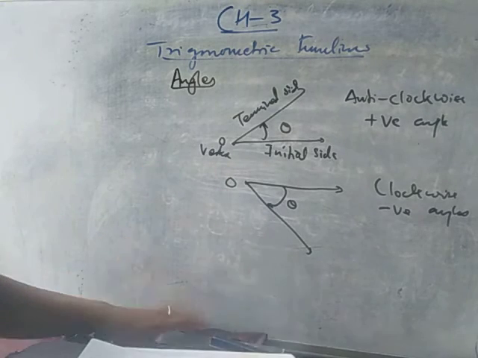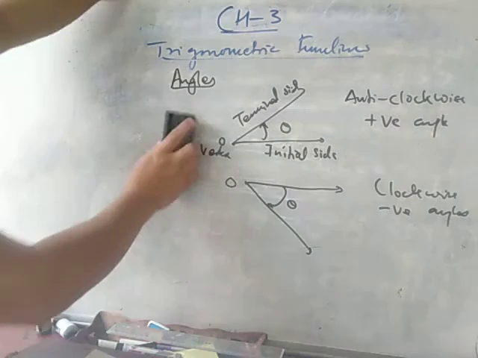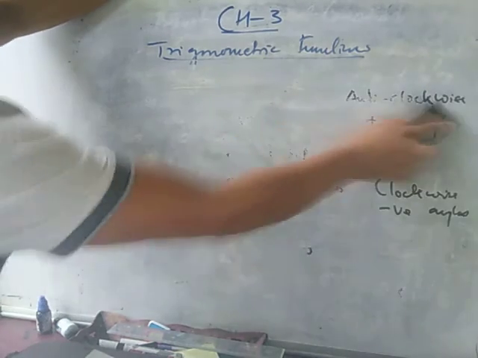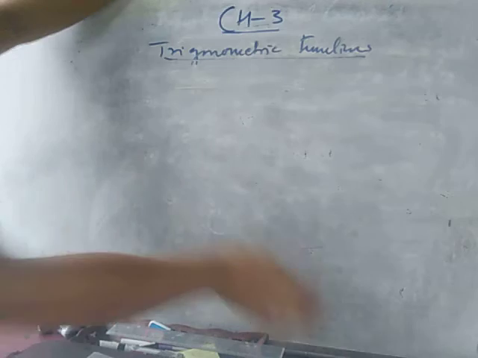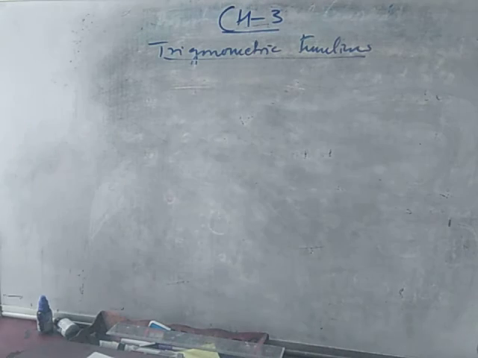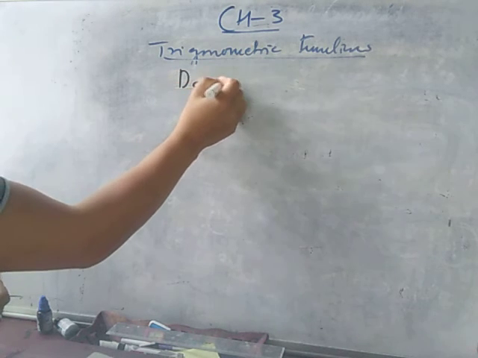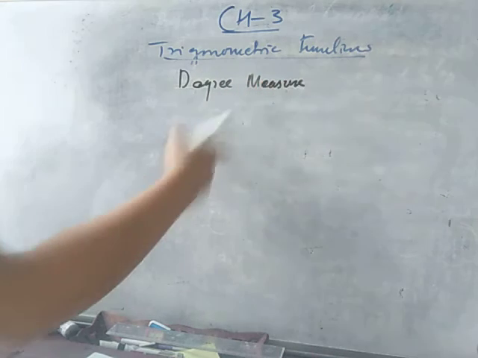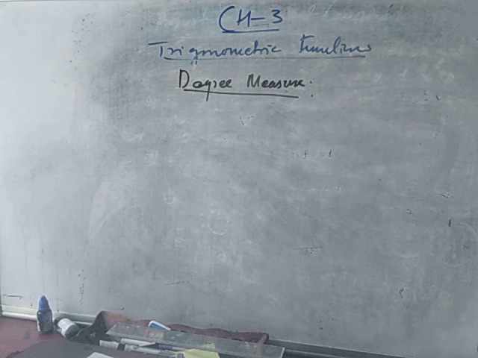Clear? So now next topic is your degree measure. Write down degree measure. So that angle, whatever we did, positive or negative, we can measure in some unit. First unit is called degree measure, isn't it?